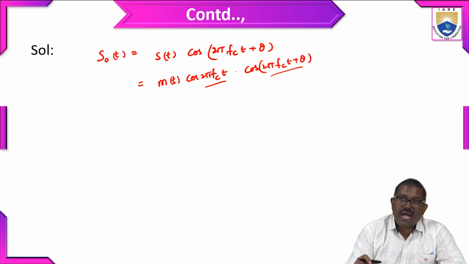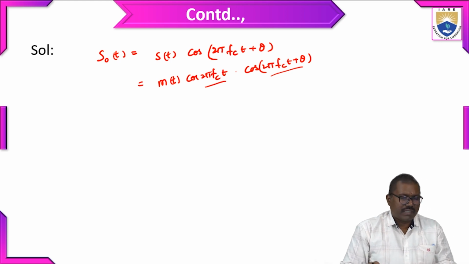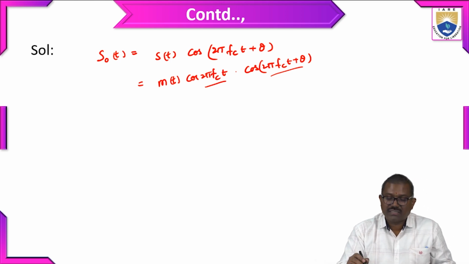That means one term has 4πfct, and the second term has m(t) into cos θ.